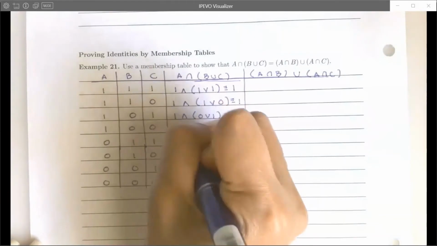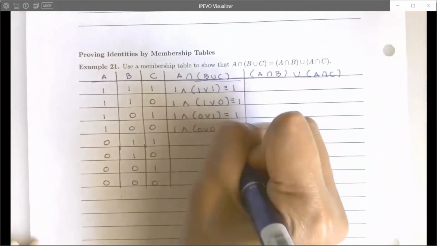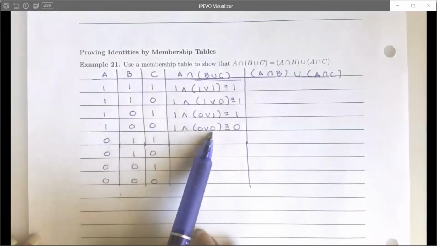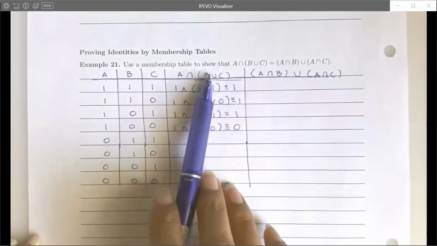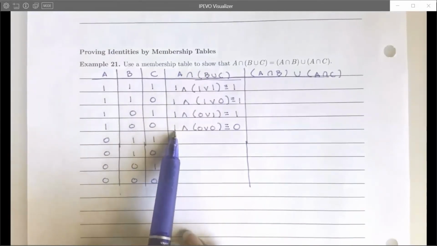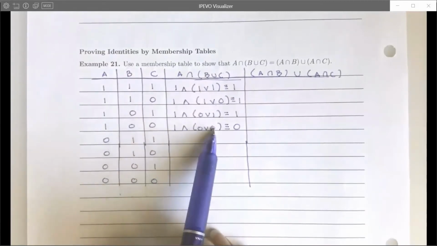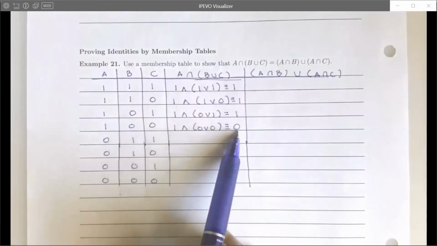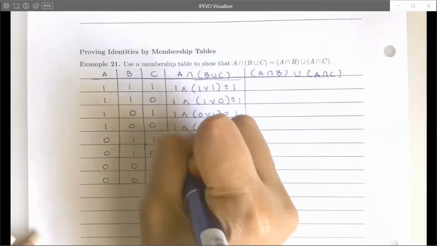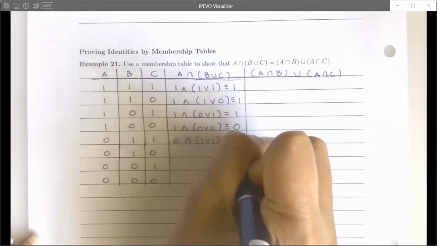Then we have 1 and 0 or 0. Well, that's going to be a 0 because 0 or 0 means it's not found in the union since it's not found in either B or C. And then it is found in A, but it's not found in the union. So it's not going to be found in the intersection, so therefore that'll be a 0 for its membership. And then we have 0 and 1 or 1, which is going to be 0.